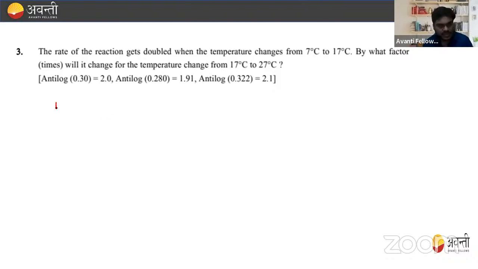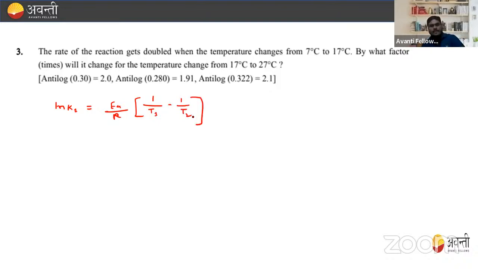We know that ln(K2/K1) = Ea/R × (1/T1 - 1/T2). What is the first statement?